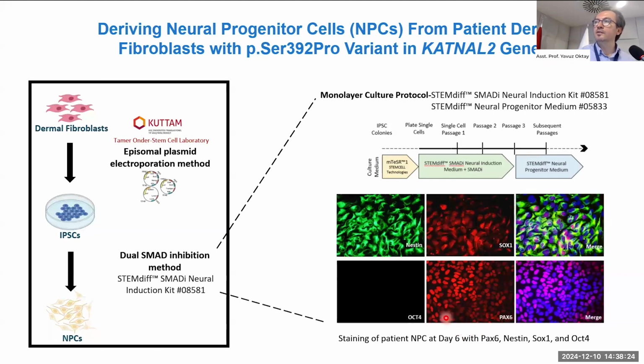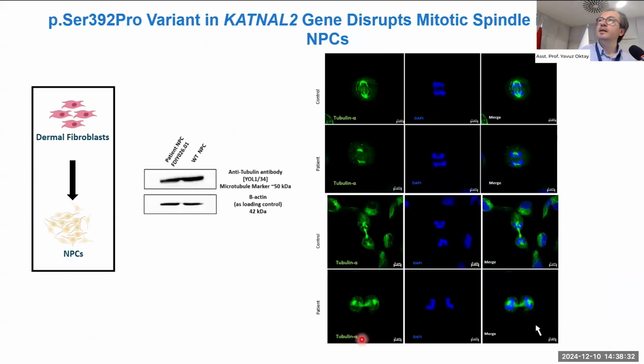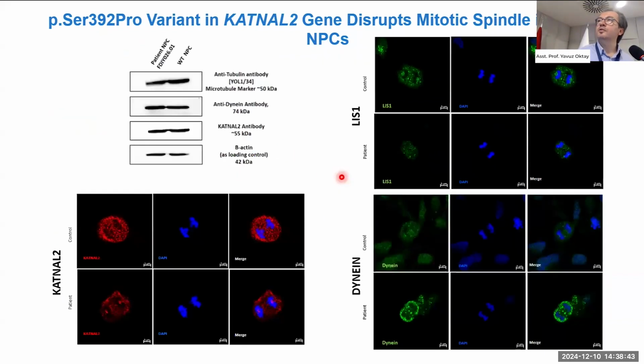These are all markers of neural lineage, and absence of OCT4 as a pluripotent marker because they must lose OCT4.